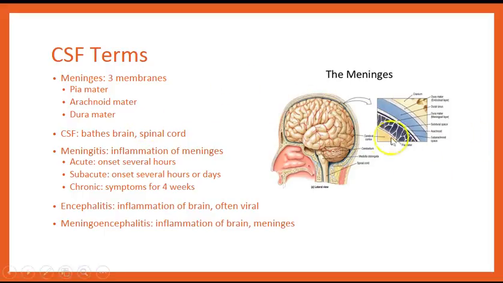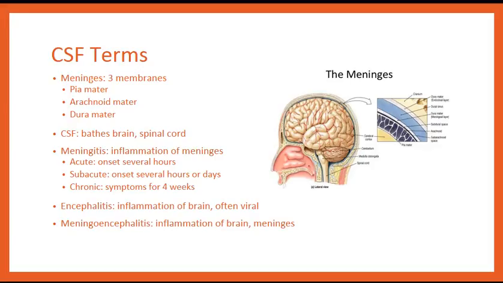You don't need to know this diagram, I just put it on there so you could see where the parts are. The spinal fluid bathes the brain and spinal cord. It kind of helps cushion it, but not only that, it's constantly bringing nutrients and things to the brain.